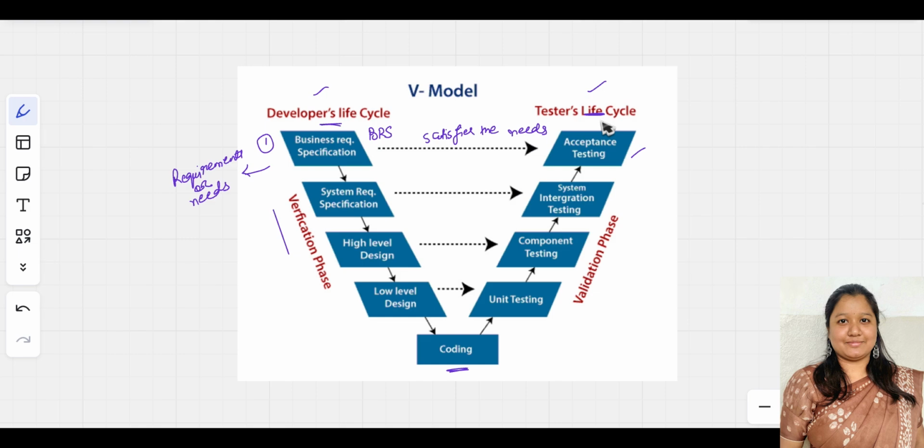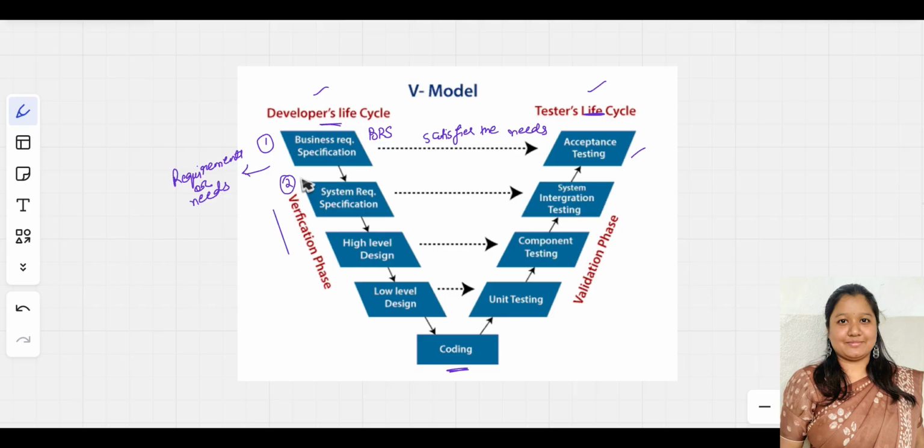Okay, we will also come across those phases in depth. For now, we just have a basic idea of what the corresponding life cycle or phase is doing. So moving on to the next, known as the system requirement specification, which is here on the developer life cycle side. In this phase, the business requirements are transferred into technical system requirements.